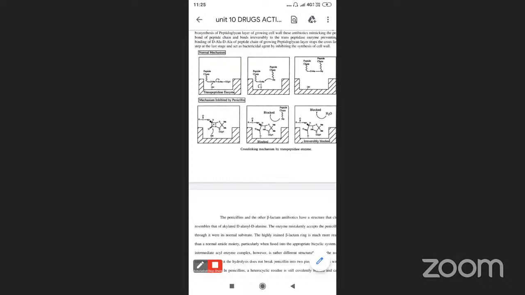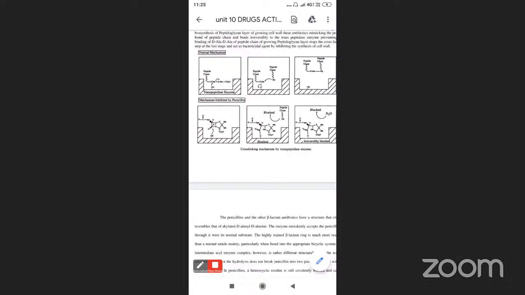You can see a war, a competition, takes place between the endogenous chemical and the exogenous chemical. What is the endogenous chemical here? The peptidoglycan is the endogenous chemical, and the penicillin is the exogenous chemical, the drug compound artificially prepared, which is coming from the outside.